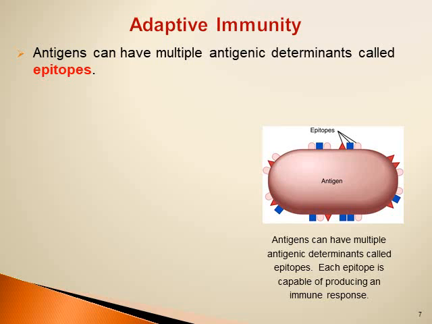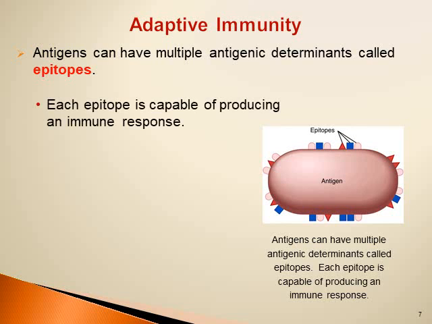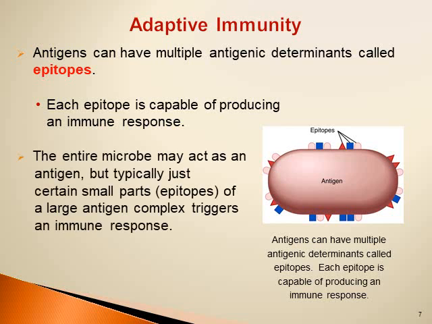Antigens can have multiple antigenic determinants called epitopes. For example, here, this is an antigen that has multiple epitopes. Each epitope on its own is capable of producing an immune response, and the entire microbe may act as an antigen, but typically just certain small parts or epitopes of the large antigen complex trigger an immune response.